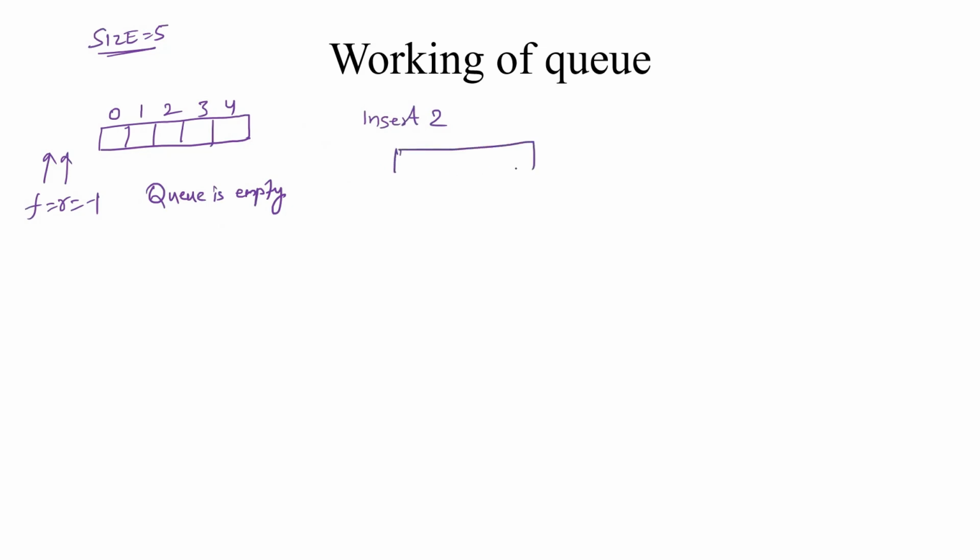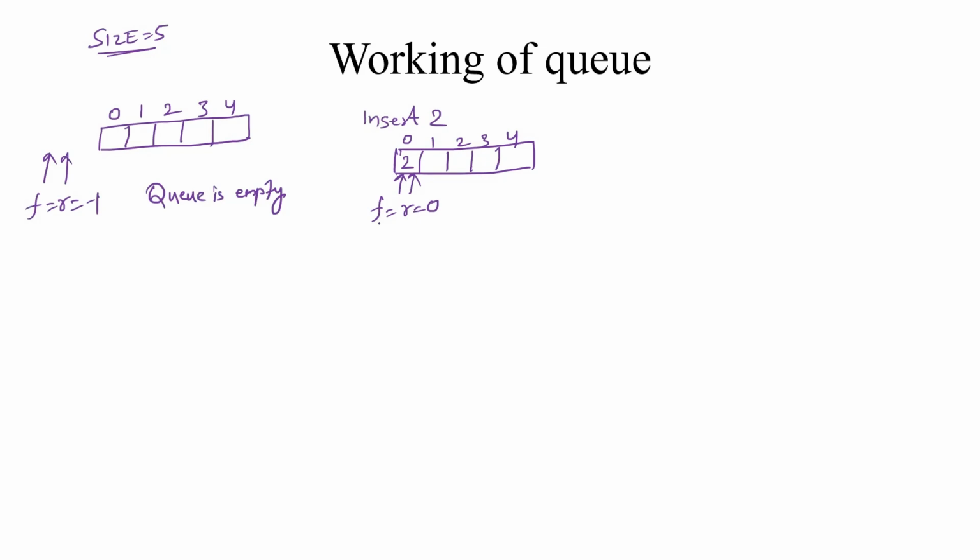The element will come at index 0. So first you increase the value of front and rear, and then it becomes 0. And finally, the element will be placed at index 0.